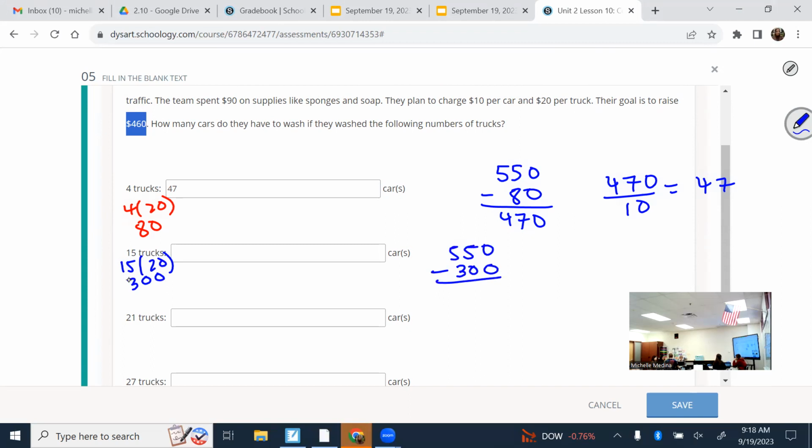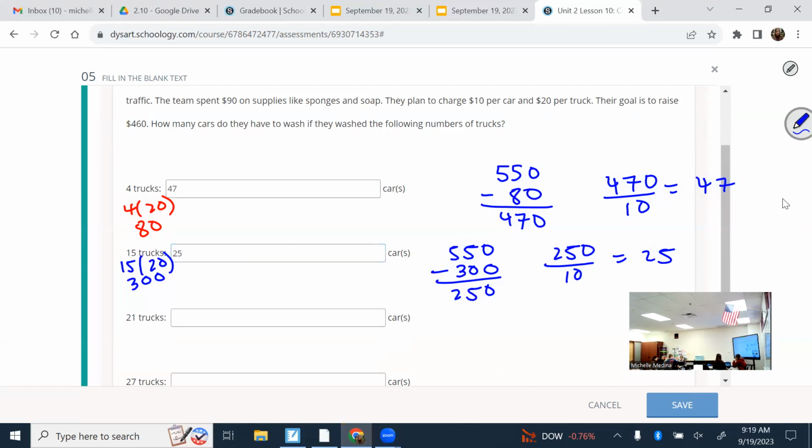And then dividing that by 10 because that's how much they're charging for the cars. So I get 250 from subtracting it. 250 divided by 10 would mean how many cars do they need to wash? 25. So I usually will see people reason it that way.